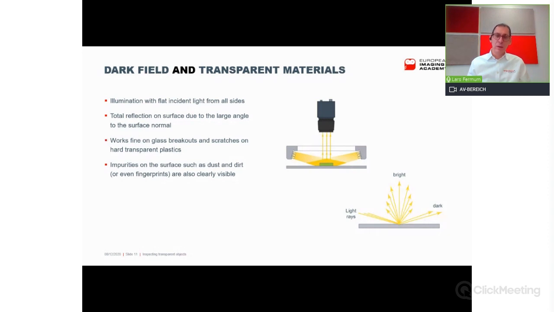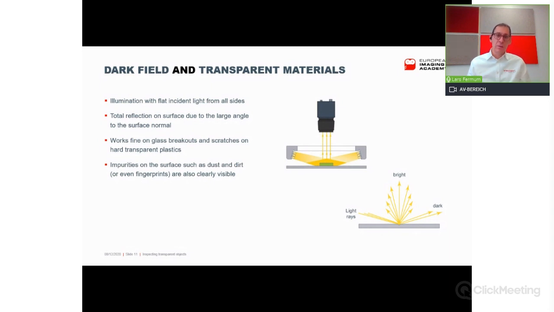So typically it's also a ring light, and the LEDs are embedded in a very low angle. And due to the large angle of almost 90 degrees to the surface normal, which means absolutely parallel to the surface, there's a specular reflection on the surface. All light is reflected almost completely away and therefore not detected by the camera.